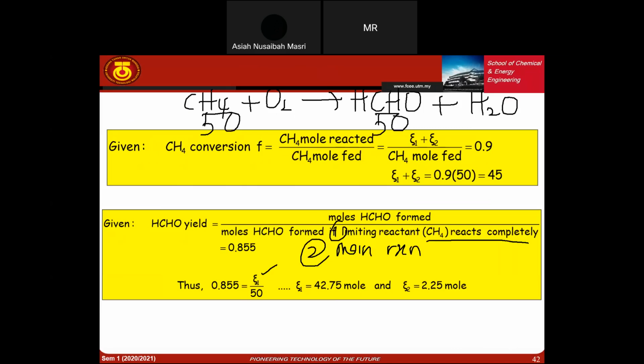That's why we have 50 here. That will be equal to 0.85. Hence, we can solve for extent 1. So here we have extent 1 equal to 42.75. Then you can put the information in the previous equation here, and then you can solve for extent 2. Then we got extent 2 equal to 2.25 mole. Okay, that's how we solve the extents.